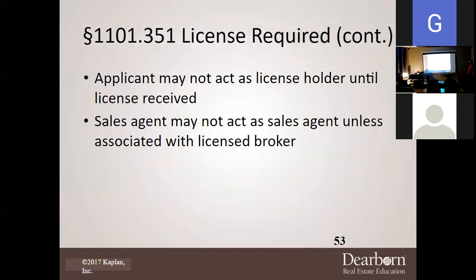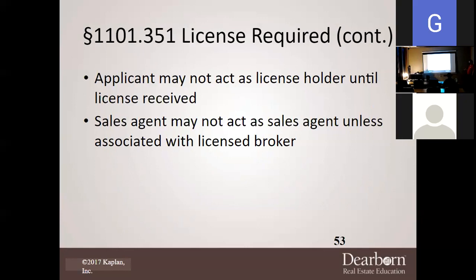However, the applicant may not act as a license holder until when, Aiden? The license is received. When they actually get it. Okay? So just because you might have gone out and followed your application and did everything they said, and it takes them, say, 6 months to get it to you, well, you can't practice for that 6 months. Okay?